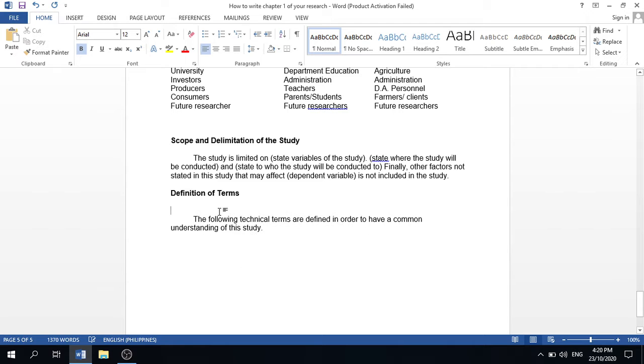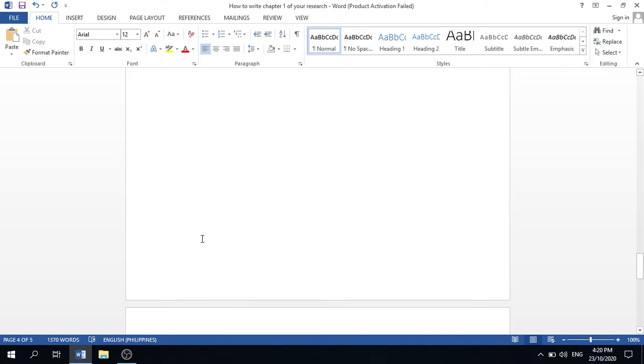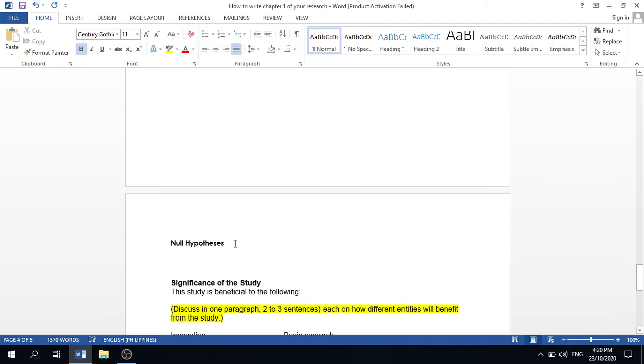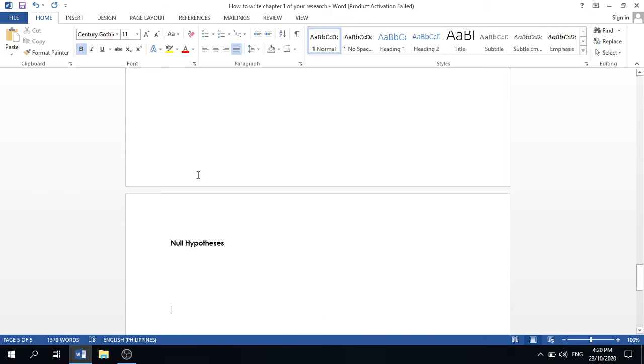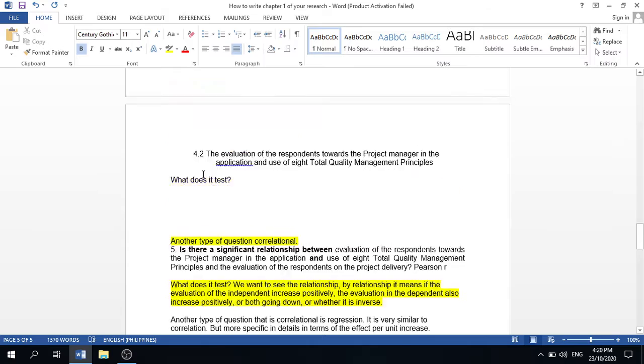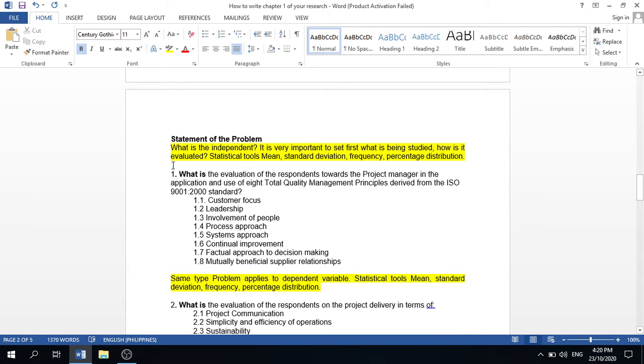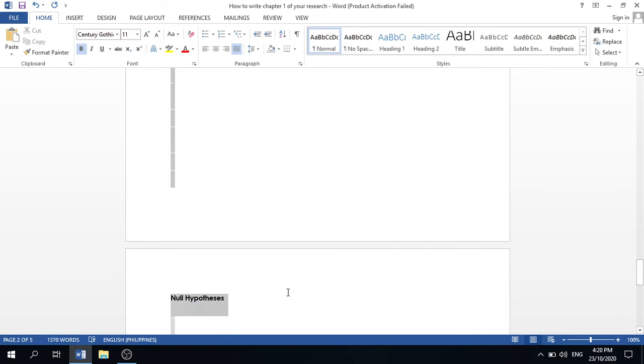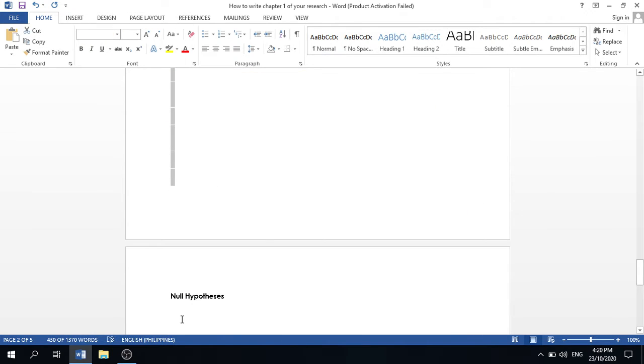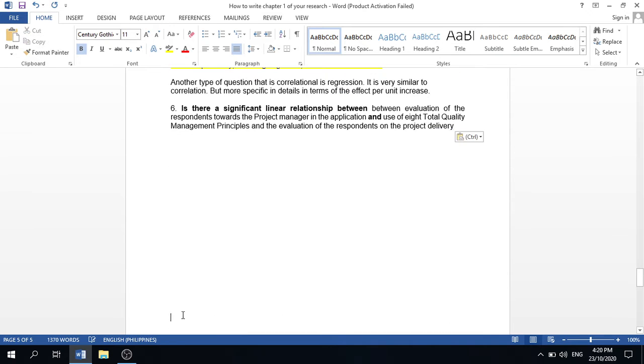So let's go with the null hypothesis. The null hypothesis is actually very easy. You just copy your statement of the problem and put it here in the null.